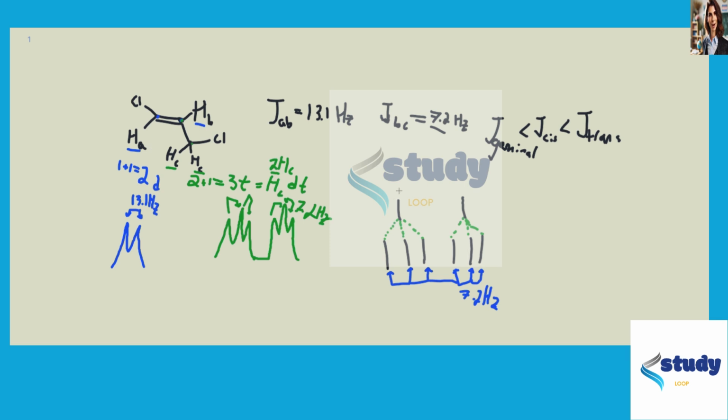And the distance between these two peaks, the doublet peaks of HA, equals 13.1 hertz. So this is for HA, and the bottom one is for HC and HC. So this is how you determine your splitting diagram for this molecule with these coupling constants provided.